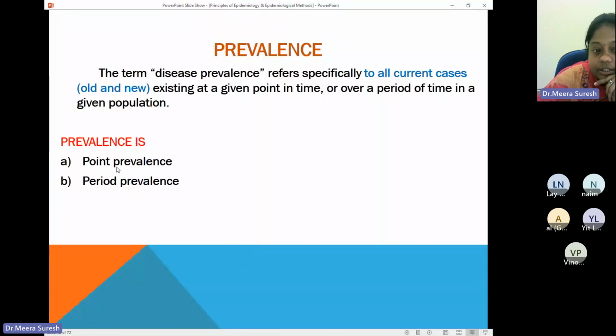Unless specifically mentioned, whenever we say prevalence, we mean point prevalence. If it is period prevalence, it will be specifically mentioned. Point prevalence is, as the term indicates, at a particular point of time, and period prevalence is, like incidence, during a duration of time.